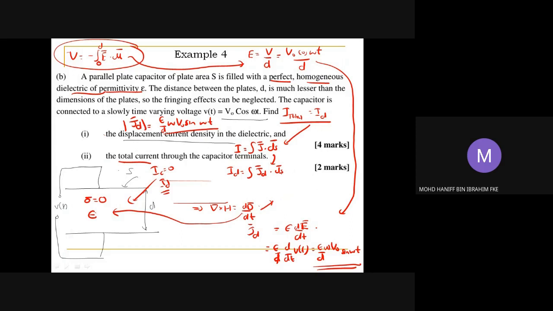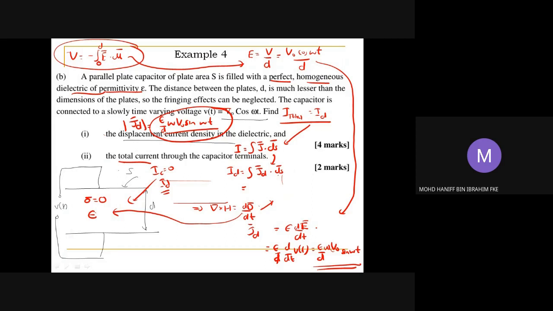In this particular case, you have successfully obtained your displacement current density magnitude, which is epsilon over d times omega V naught sine of omega t. To find ID, we simply need to identify which area we need to take here.